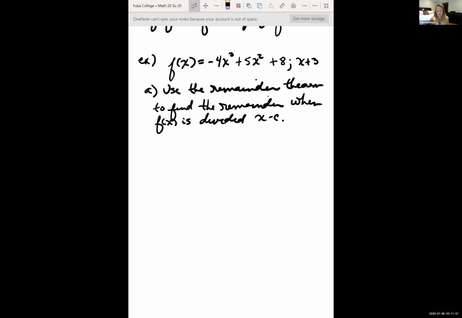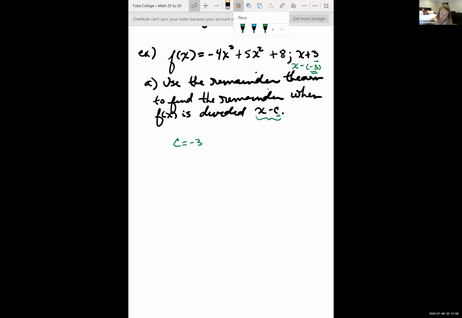Okay, so we want to look at f of c here, and so we have to figure out what c is. If I put it in the form of x minus c with a minus in here, this is x minus a negative 3. So my c value in this case is negative 3. That's where I was just saying it's just the opposite sign of what is in here.